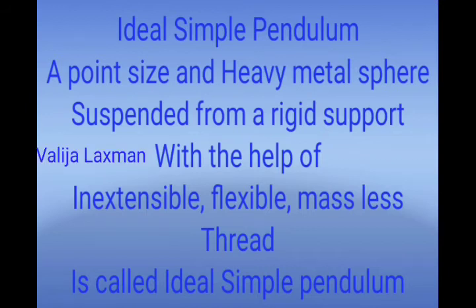Now, if you insert these conditions in the definition of simple pendulum, that becomes an ideal simple pendulum. So, coming to the definition of ideal simple pendulum: a point size and heavy mass sphere suspended from a rigid support with the help of an inextensible, flexible and massless string or thread is called an ideal simple pendulum.